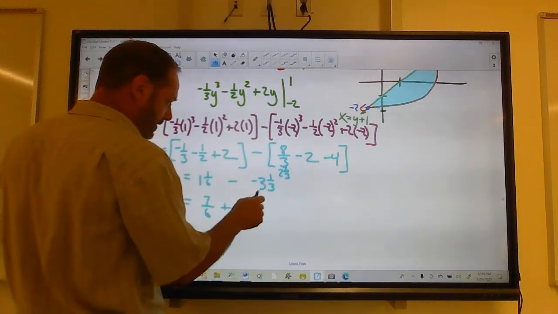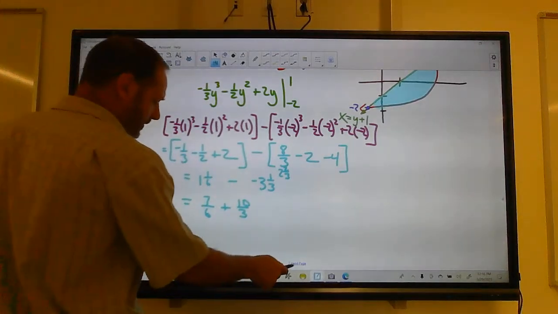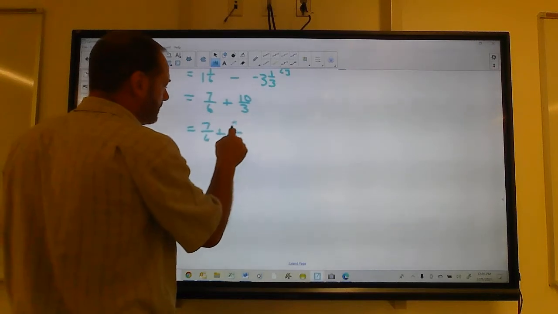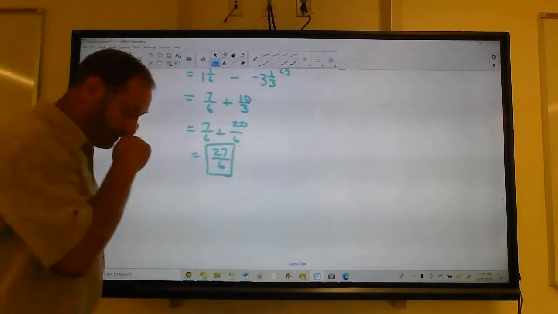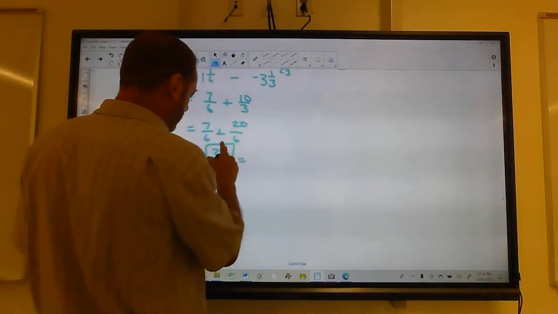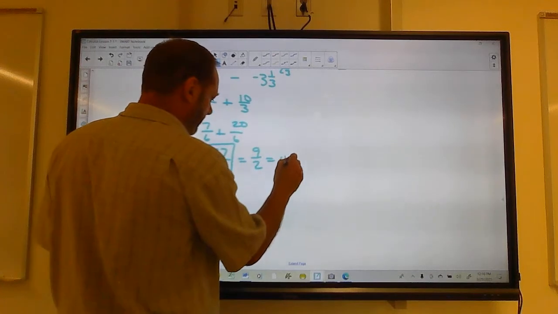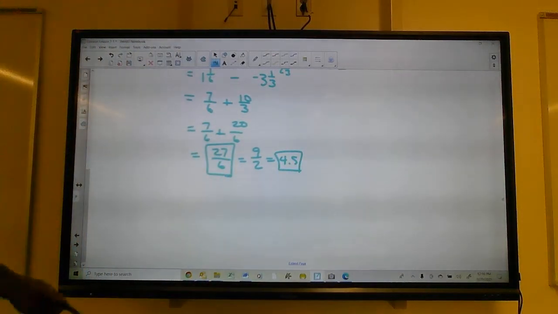This is going to be plus. This is going to be 10/3. Okay, we change this back to sixths, so this is going to be 27/6. Which, if we divide that both by 3, that's going to be 9/2 over 4.5. Okay, and there you got the right answer, 4.5.